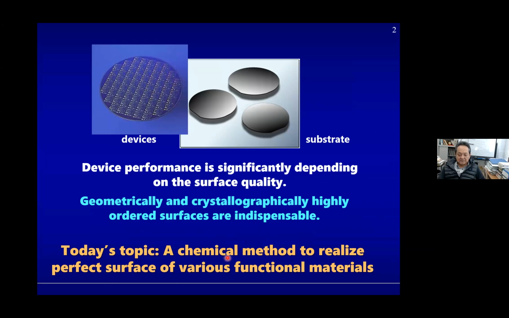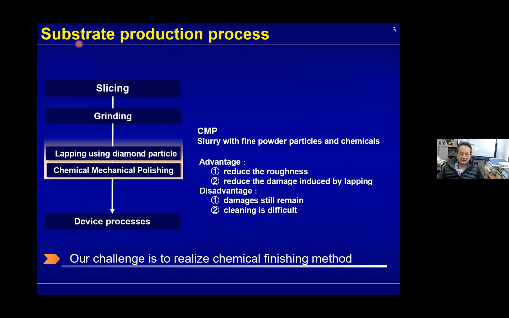This is the preparation technology of the substrate. The crystal is sliced, ground, and lapped, and finally we use the chemical mechanical polishing method, called CMP. CMP uses slurry with fine powder particles and chemicals. This method can reduce the roughness of the substrate and is good in the geometrical sense.